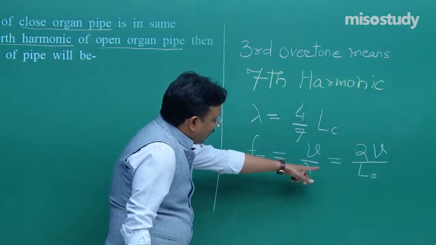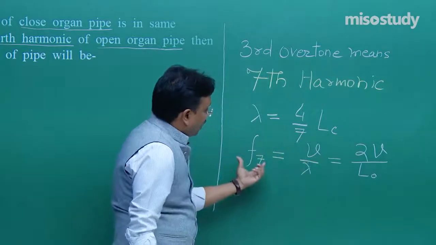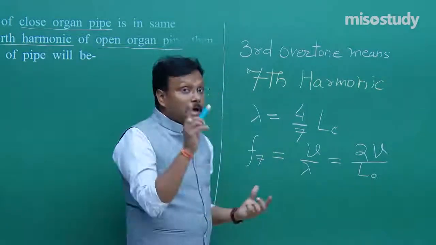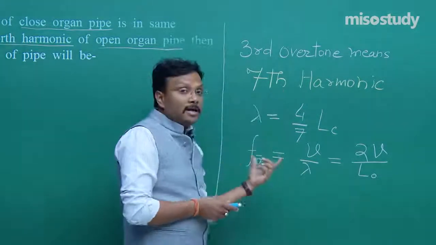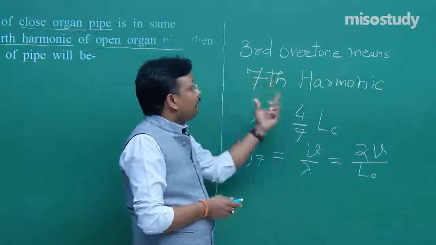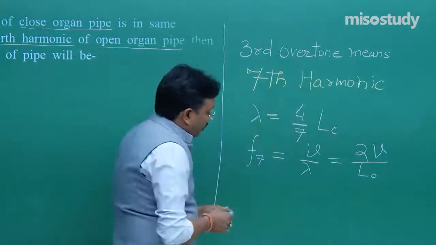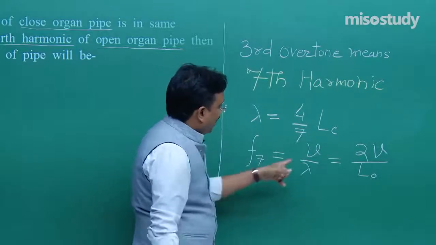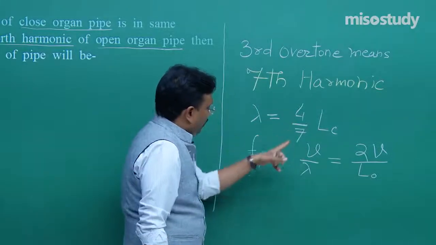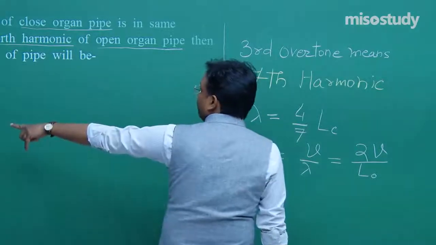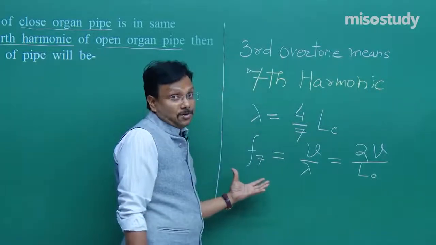Fine. And after solving this, another is F4. So over here it is going to be F3, F4, whatever overtone is given. For that you can apply the formula and then you can put the value of LC upon L0. So 7 by 6 is your correct answer.